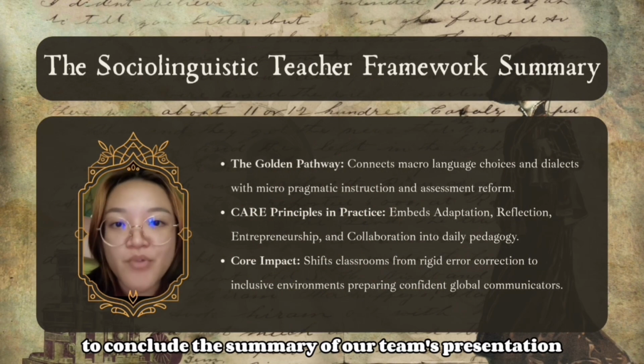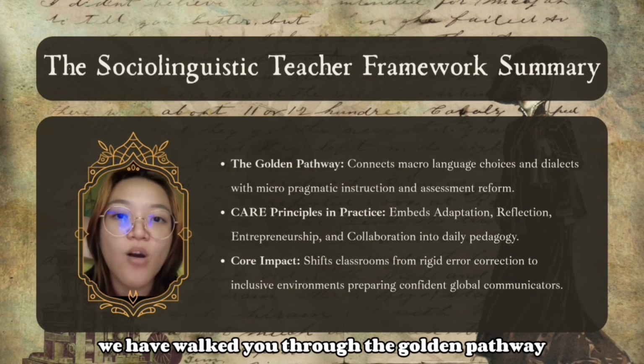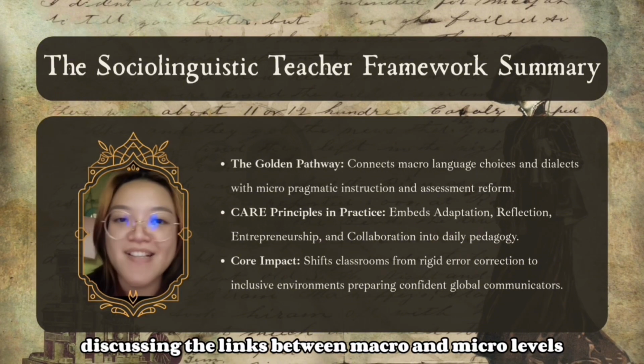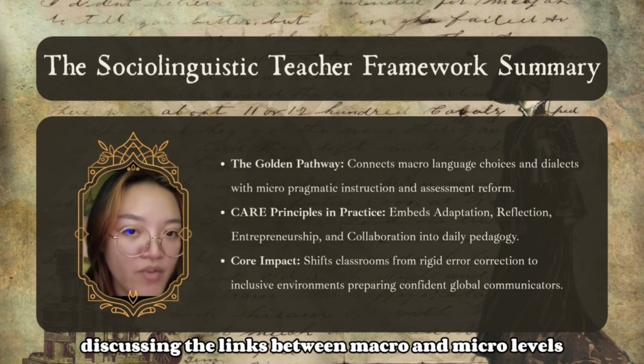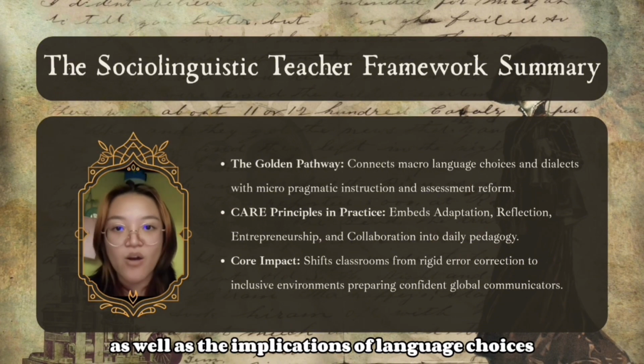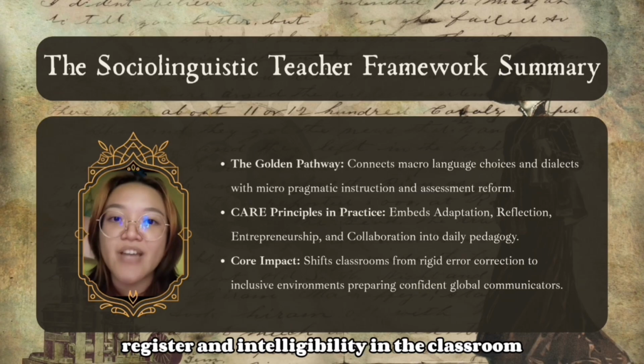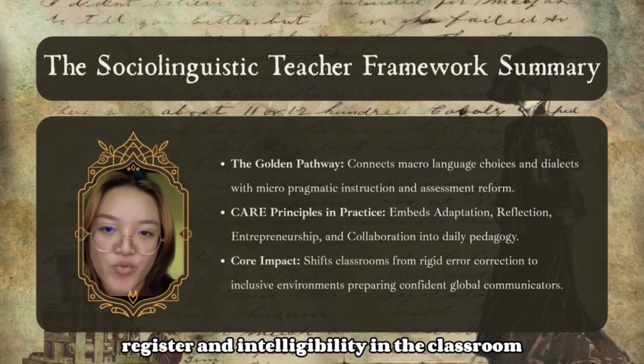To conclude the summary of our team's presentation, we have walked you through the golden pathway, discussing the links between macro and micro levels, as well as the implications of language choices, register, and intelligibility in the classroom.